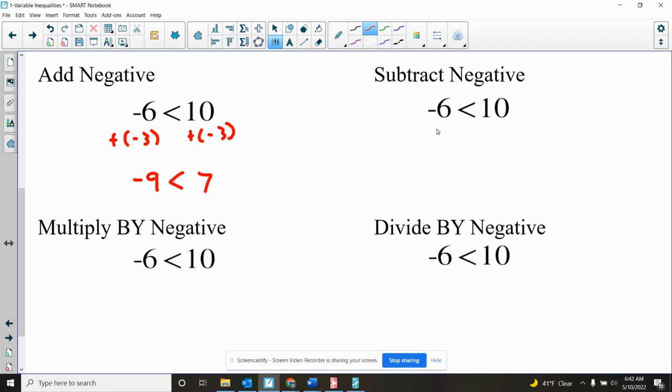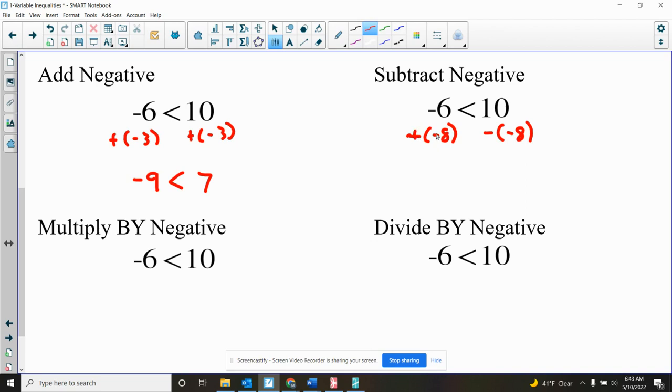So over here, let's do the same thing. We're going to subtract a negative this time. What would be a good negative number to subtract? Doesn't matter. How about -8? All right, so we're going to subtract -8 on the left and subtract -8 on the right. Just like with an equation, in an inequality, what you do to one side, you can do to the other. That keeps things balanced.